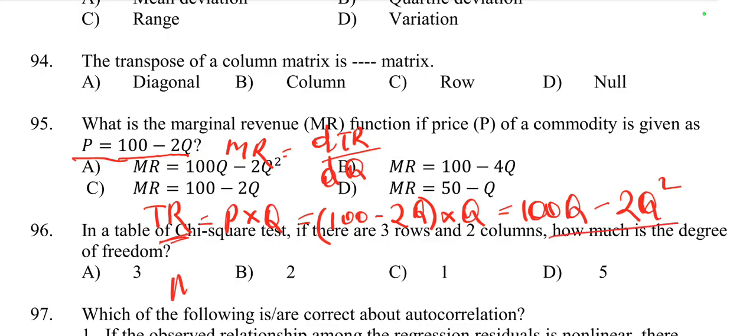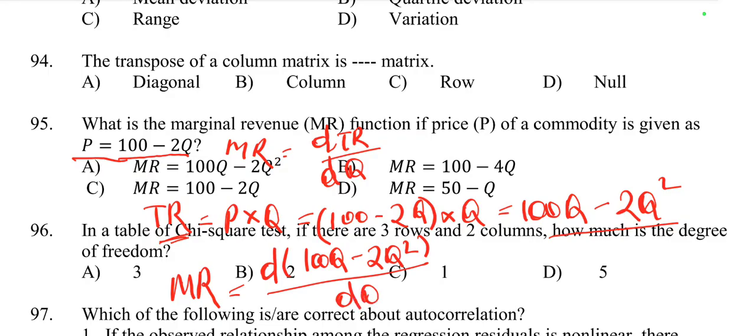Then we find out the value of MR. MR is equal to derivative of TR. So derivative of 100Q minus 2Q square by dQ. So if we find the derivative here, the derivative of 100Q by dQ is equal to 100, minus the derivative of 2Q square, which is equal to 2 into 2, is equal to 4Q.